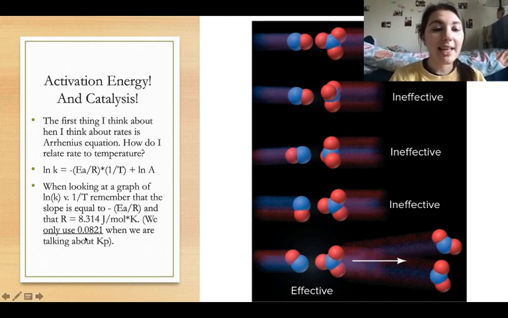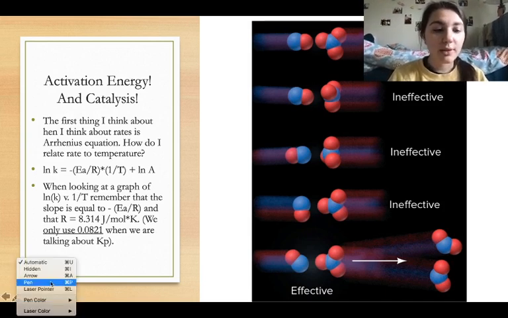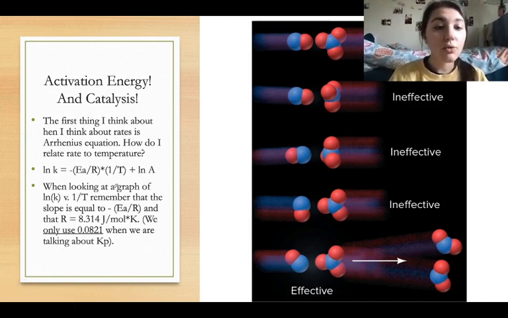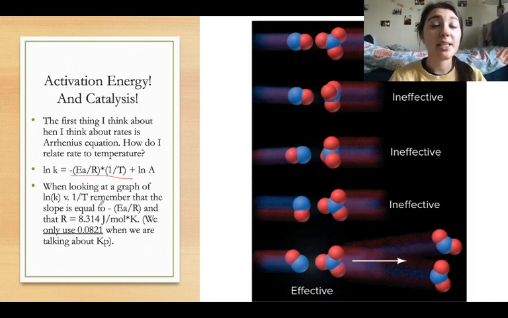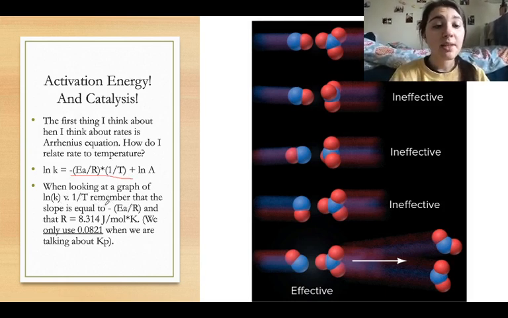Another thing that I want to highlight is when you're looking at a graph which relates the rate constant to the temperature and to the activation energy, look at the whole equation and remember that you are looking at 1 over the temperature, because a lot of people mess that up in these types of problems. Also, the slope is equal to the activation energy divided by the gas constant.